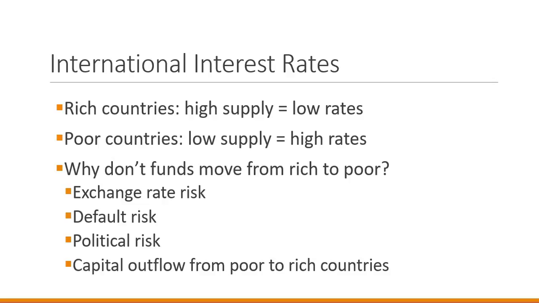They move their funds into developed country economies, receiving lower rates of return, but from their perspective, making a safer investment in a country that has a lower risk of inflation, a lower risk of default, lower political risk, and they see this as a better opportunity than keeping funds in their own country.